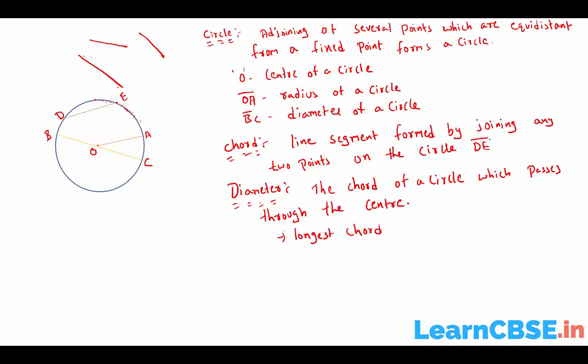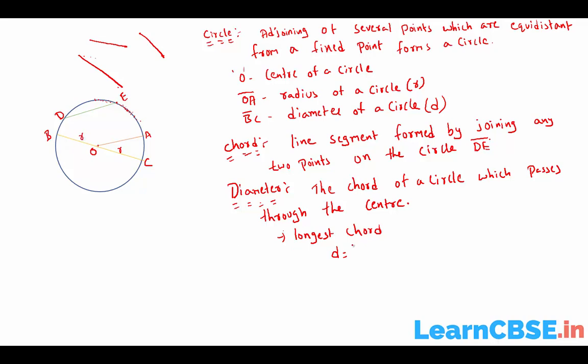I already mentioned it, and generally we use O to denote the center, small r to denote the radius, small d to denote the diameter. Now we can get the relation between diameter and radius. See, d equals, if you observe the center O, C is any point on the circle, the distance OC is r, which is the radius, and the distance OB is r.